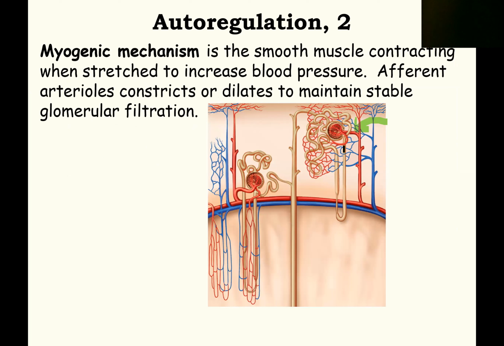So regardless of what the blood pressure is doing, you can have the myogenic control within the kidney. So myogenic in smooth muscle tissue requires a stimulus. So an increase in the stretching or an increase in the pressure or a decrease in the pressure.